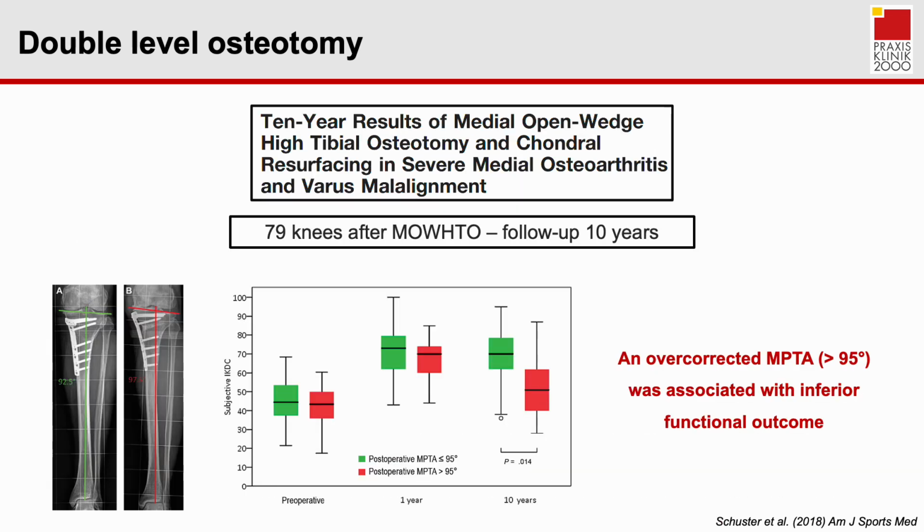And also clinical studies have shown an association of joint line obliquity with worse outcome after HTO. In this 10-year follow-up study, an overcorrected MPTA of more than 95 degrees was associated with inferior functional outcome. However, as mentioned before, an MPTA of 95 degrees does not necessarily mean joint line obliquity.